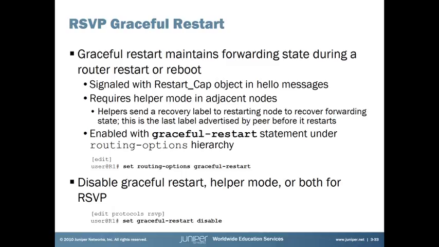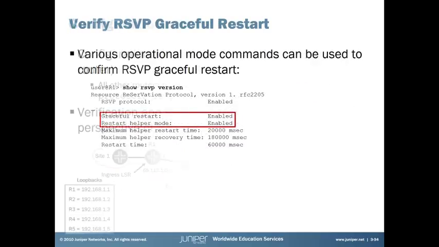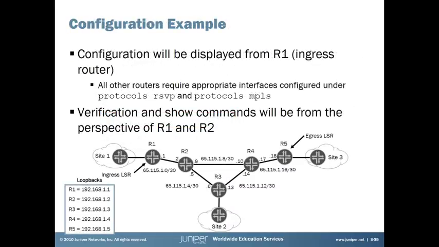If we have a router that's restarting, we can use graceful restart in conjunction with RSVP so that our forwarding plane will keep working while we're restarting our routing engine. So traffic will essentially not be dropped if the routing engine is restarting.